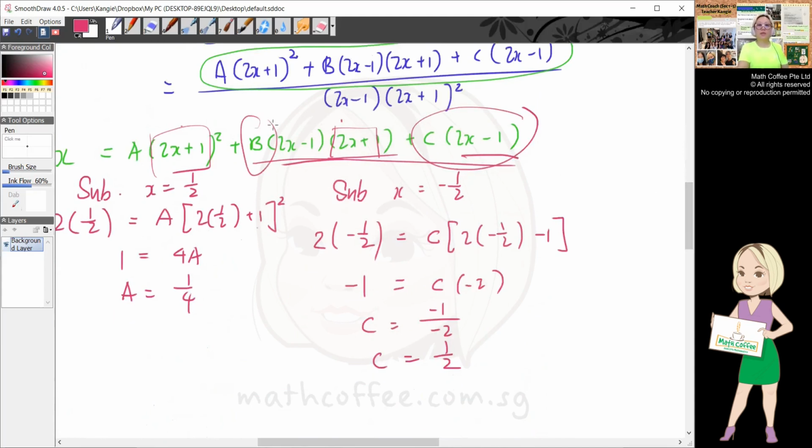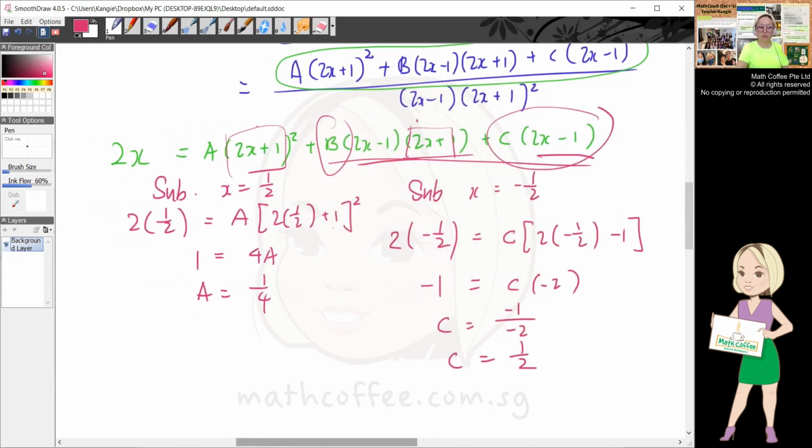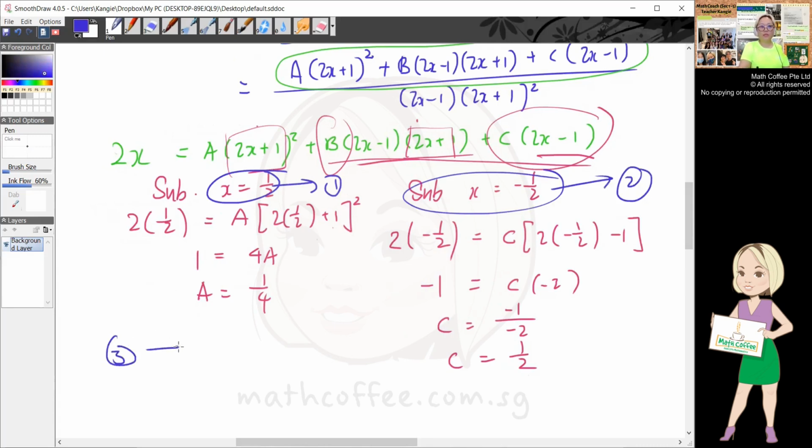Then you are left with a b. So you see, a done, c done, you are only left with one unknown, b, right? So if only one unknown b, you can sub in any x value. So of course, I no longer want to sub in fractions, right? Let's sub in x equals 0. Take note, this is number 1, this one is number 2, number 3, then you sub in x equals 0, because you need to solve your a and c first.